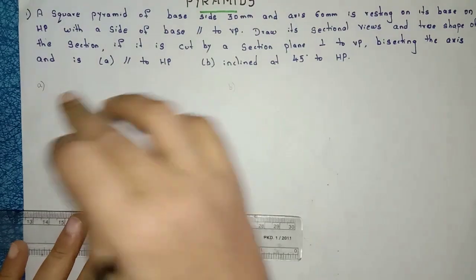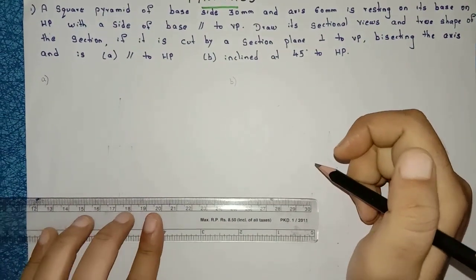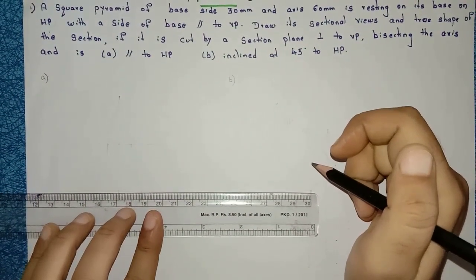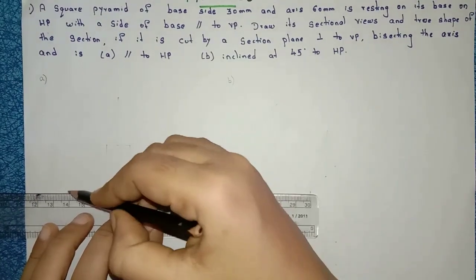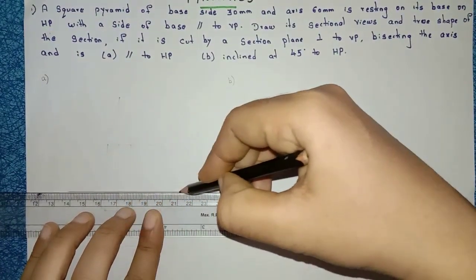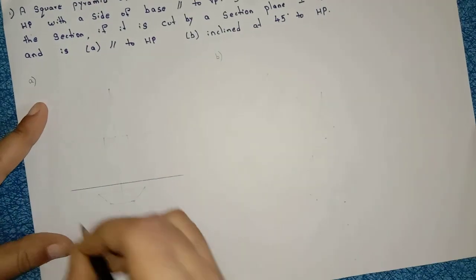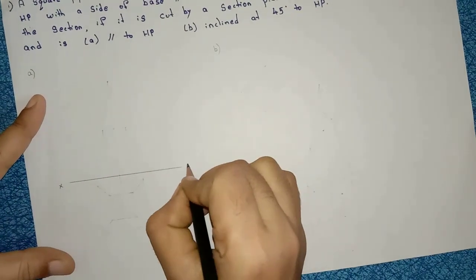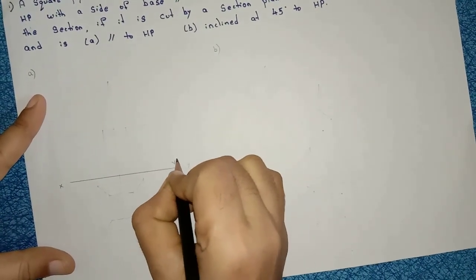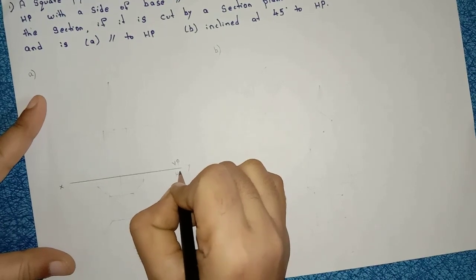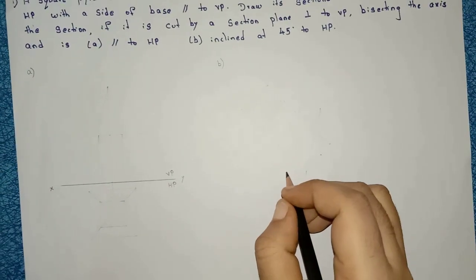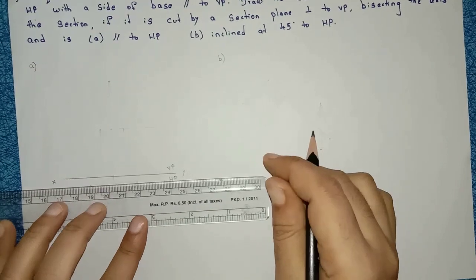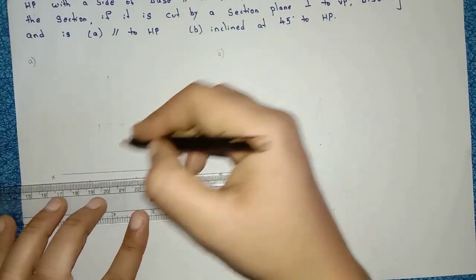This is your A part. First construct the reference line of any length, name it as XY, with the vertical plane and horizontal plane. Now leave a 5 mm gap from the reference line and construct the square.